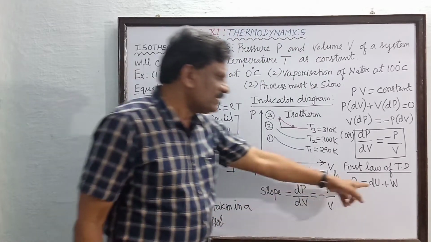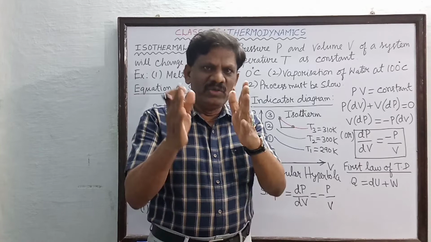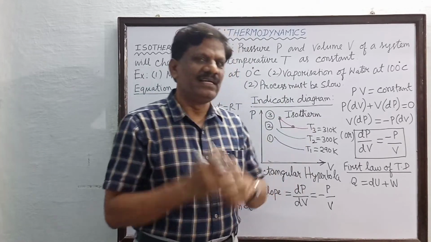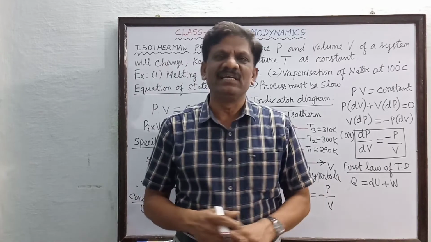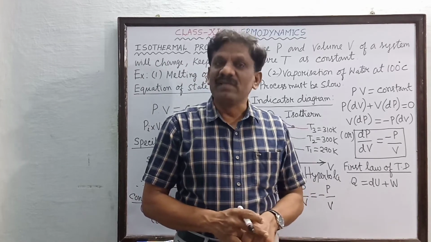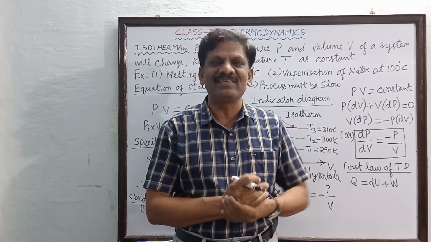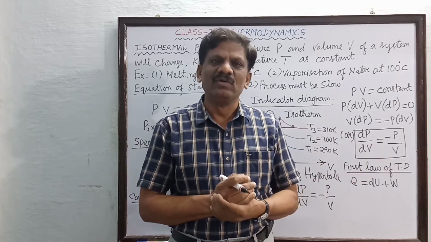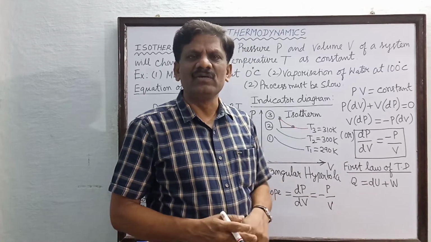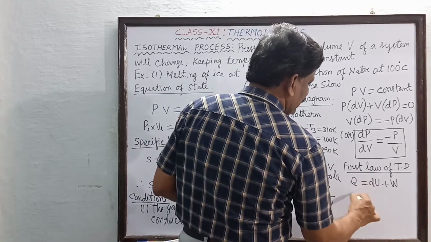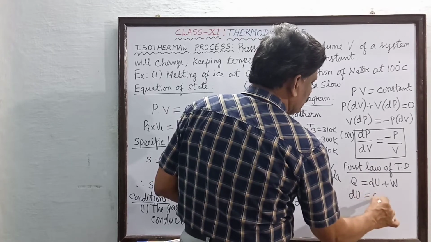What is dU here? dU means the change in the internal energy. The change in internal energy depends on the change in the temperature of the system. You tell me, is the temperature of the system changing in an isothermal process? Not at all. So dU must be equal to 0 here.